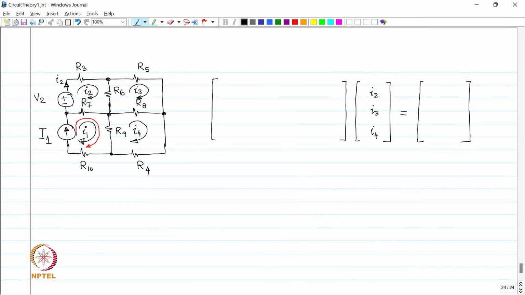The voltage drop first across the voltage source is minus V2, then the voltage drop across R3 is I2 R3, then the voltage drop across R6 is I2 minus I3 times R6, then the voltage drop across R7 is I2 minus capital I1 times R7.